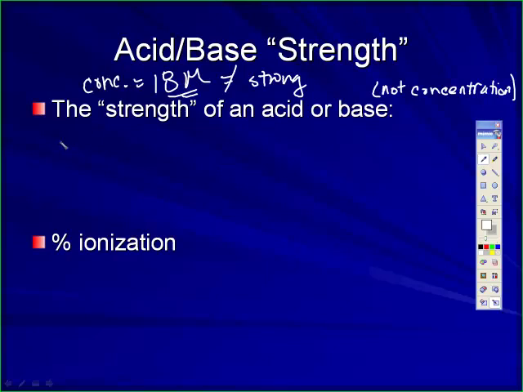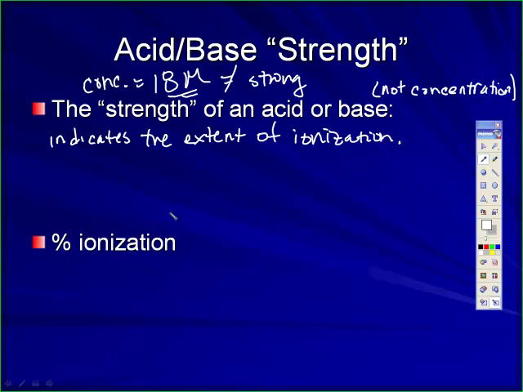The strength indicates the extent of ionization of an acid or base. So 100% ionization is required for a strong acid or base.